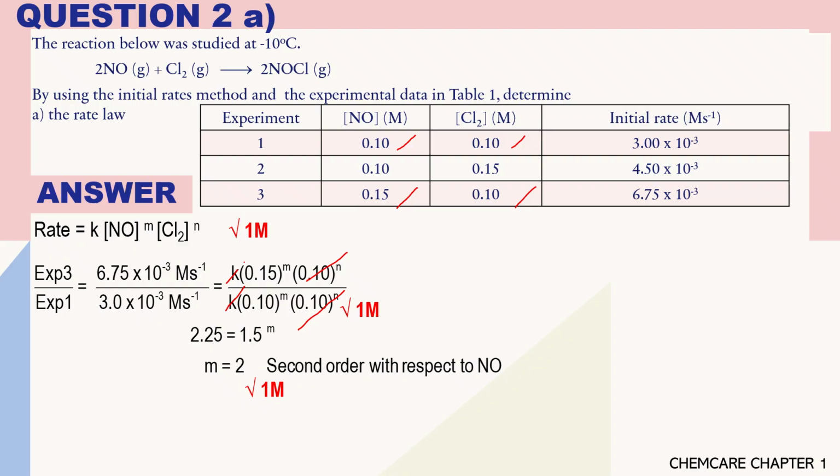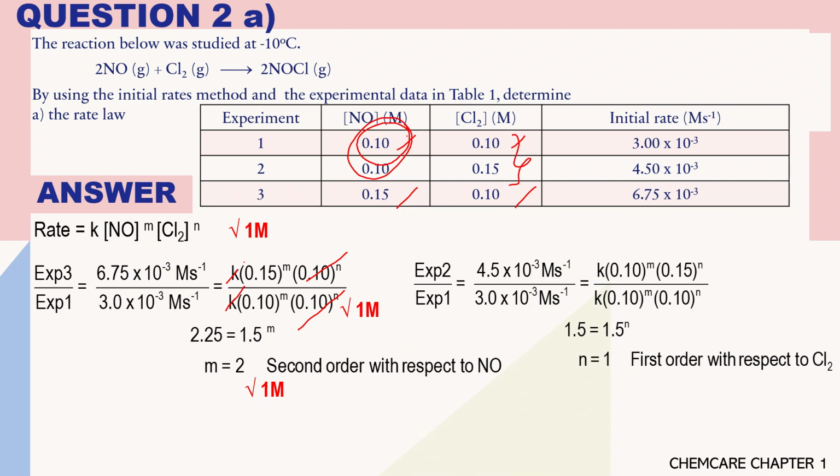Okay, next we calculate the order n. To calculate the order n, we need to compare experiment 2 and 1, because they have the same concentration of NO but different concentration of Cl2. So experiment 2 over experiment 1, 4.5 × 10^-3 equals k times 0.1 to the power m times 0.15 to the power n over the experiment 1 value.